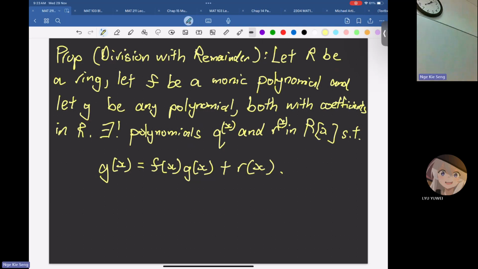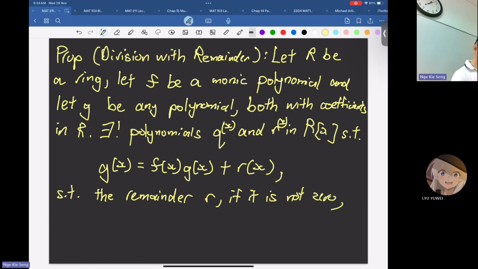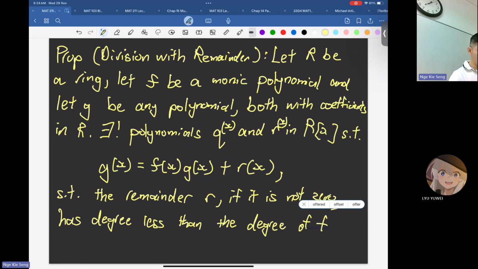Does this look like integers or not? Like 6 equals 4 times 1 plus 2. So we are trying to do division inside the polynomial ring such that the remainder R, if it is not 0, has a degree less than the degree of F. Meaning this remainder will be smaller in degree.